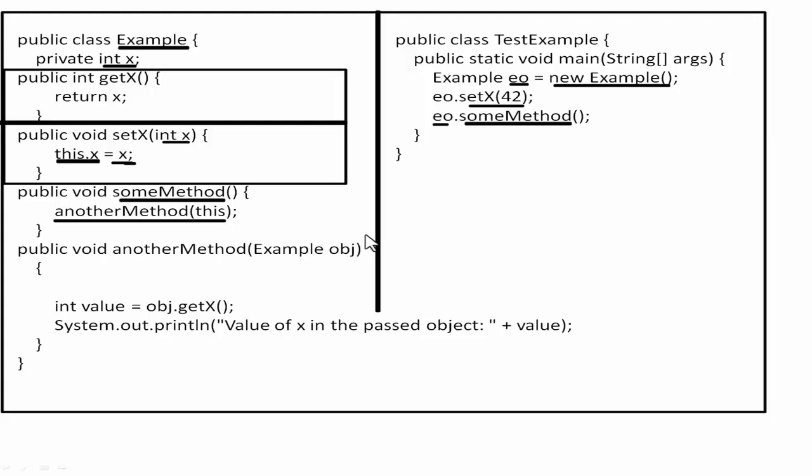Now it is going to pass that particular object. Here anotherMethod takes an Example object, with Example as the class name. Whatever parameter we have sent is considered as an object.